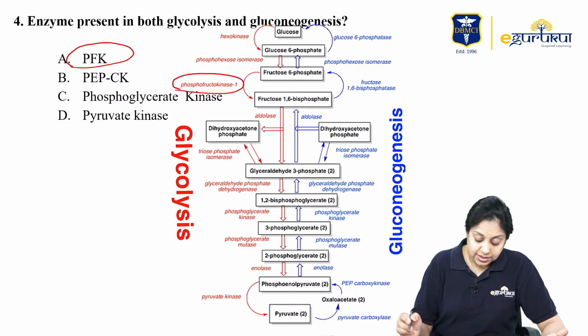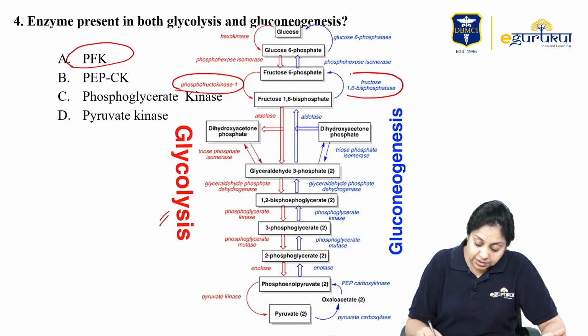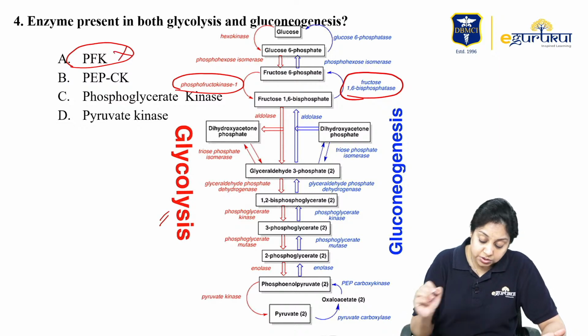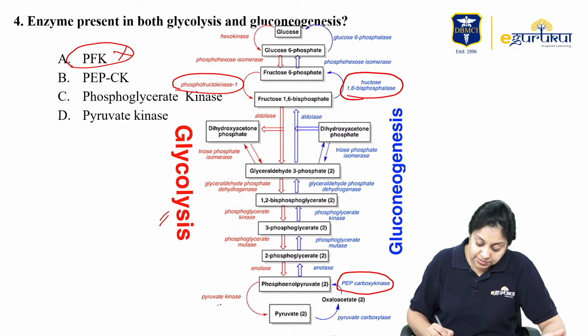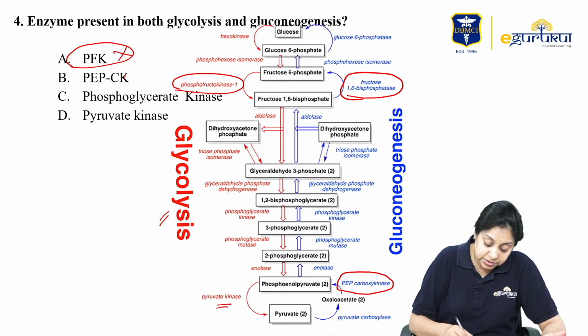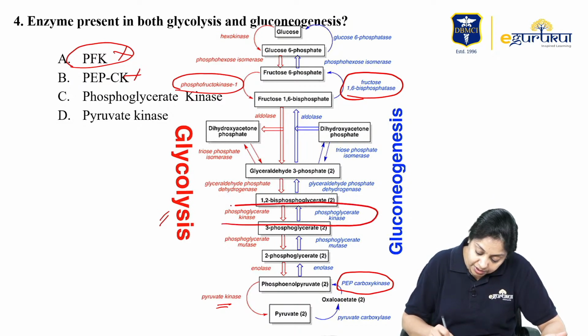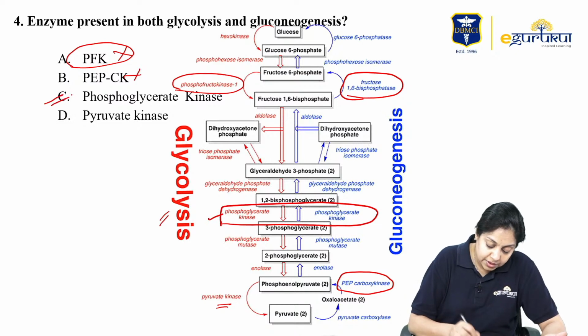Phosphofructokinase is there in glycolysis, but in gluconeogenesis you have fructose 1,6-bisphosphatase. So this is not the choice. PEPCK is there in gluconeogenesis, but instead you have pyruvate kinase in glycolysis. So this is not the choice. Phosphoglycerate kinase: where is it? Here. It is present in both of them.